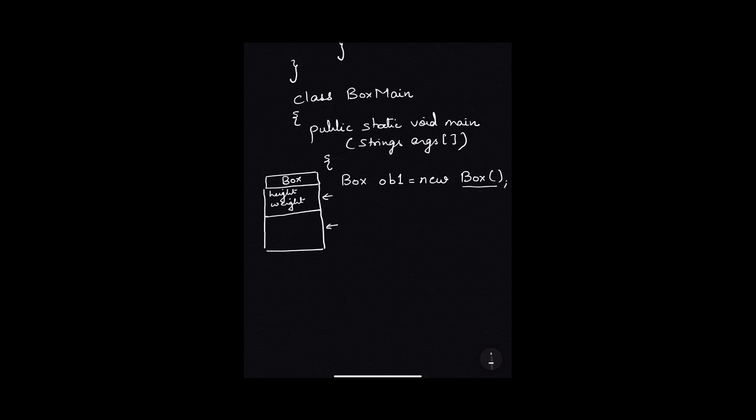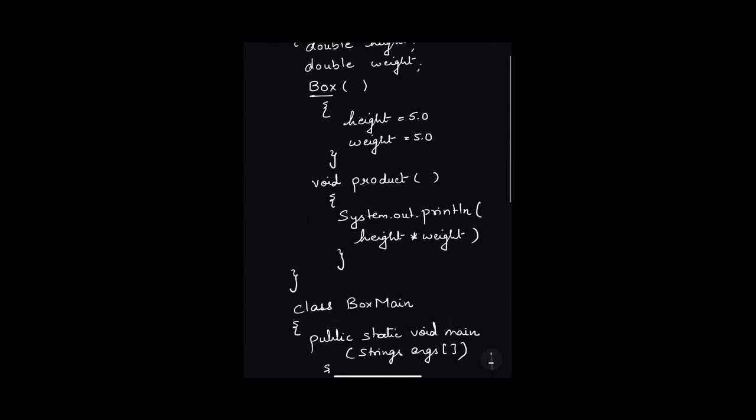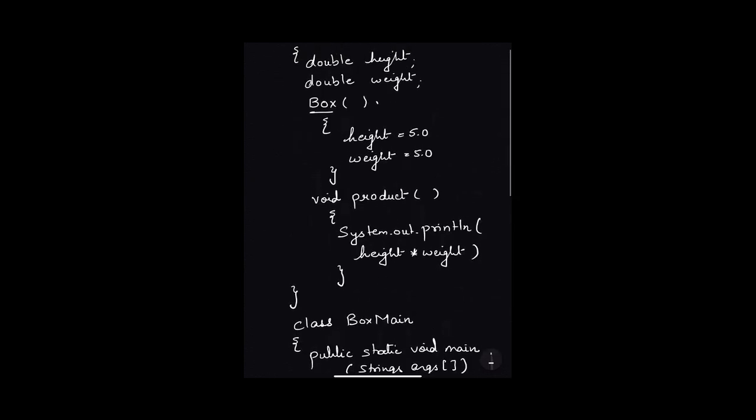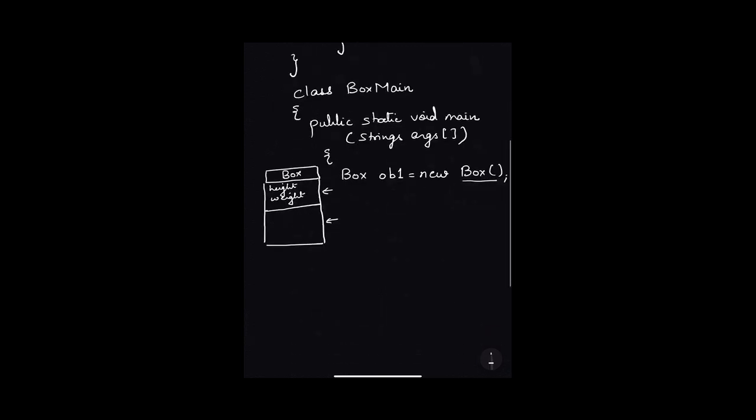And since I have two functions over here, one is the box constructor, which is also a function, and I also have a method named product, I am going to assign both the methods to my object. Now with this object, I'm going to call my method product that I have made in the box class.